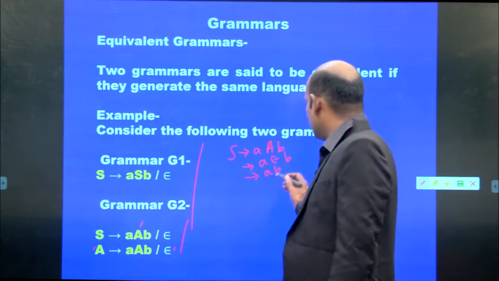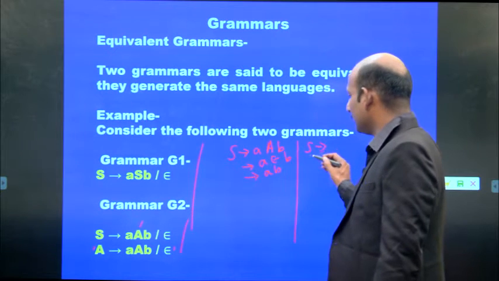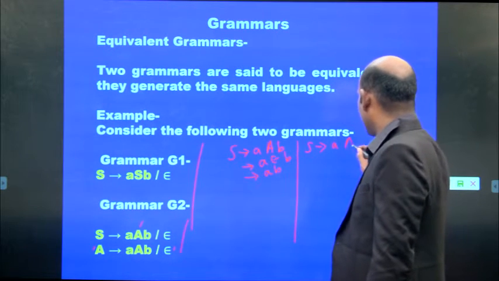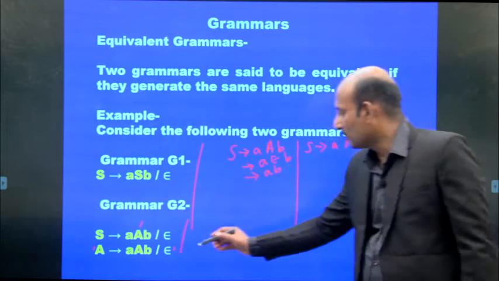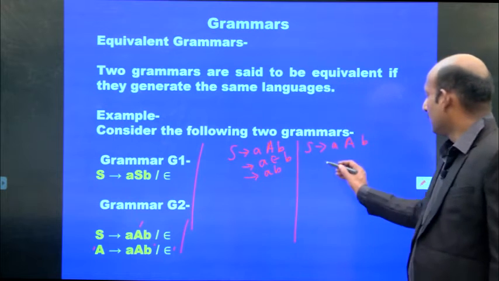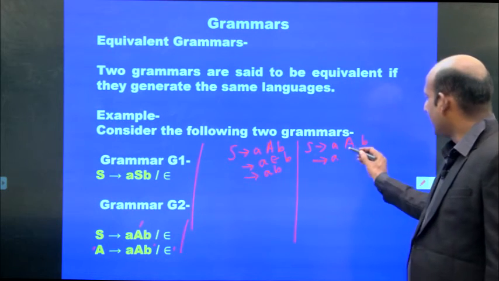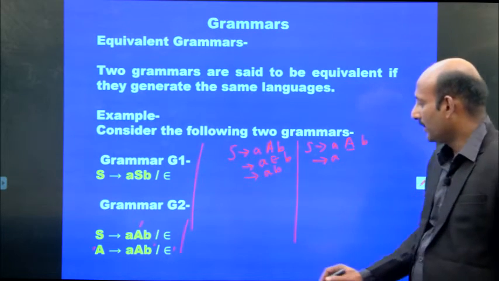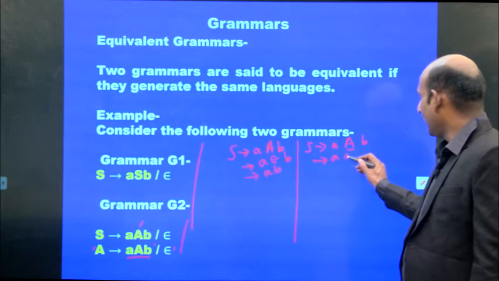Alternatively, if I take S tends to A, B, we can take this production. The same as it is, you have to write. Instead of this A, I am going to replace this one. What is that?